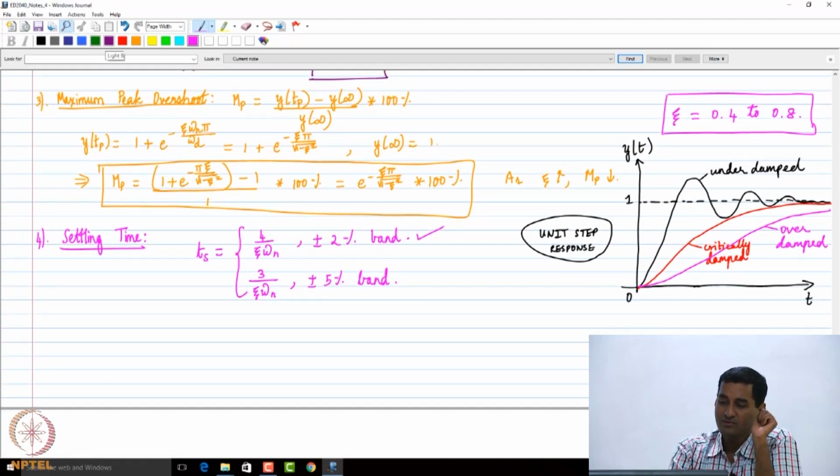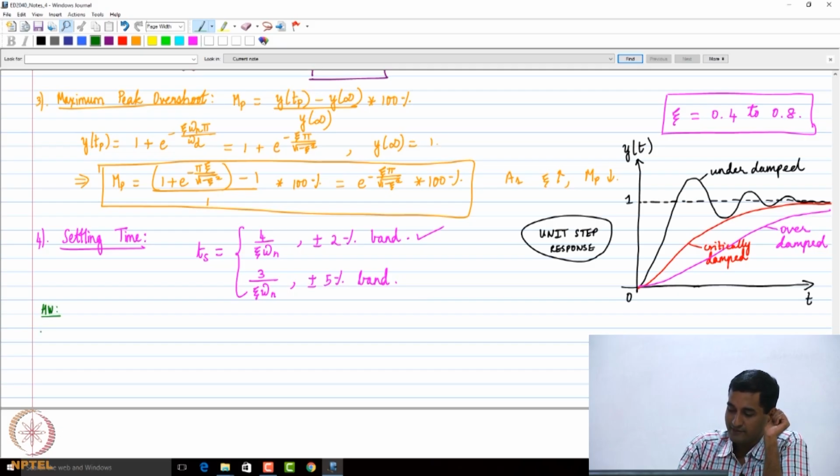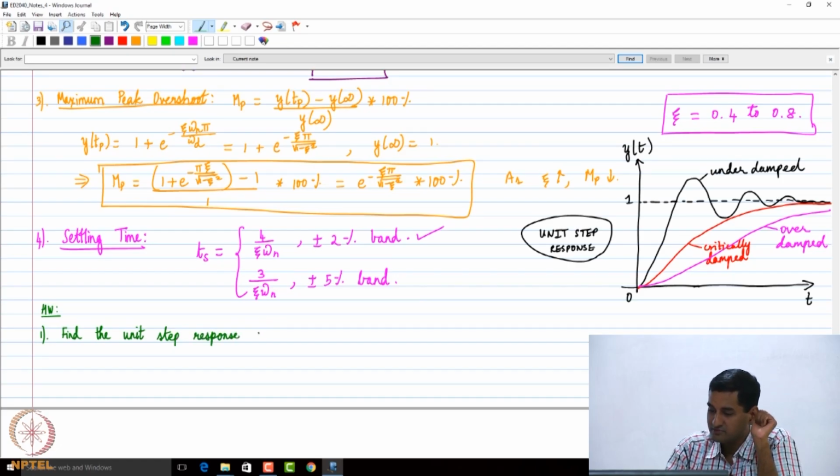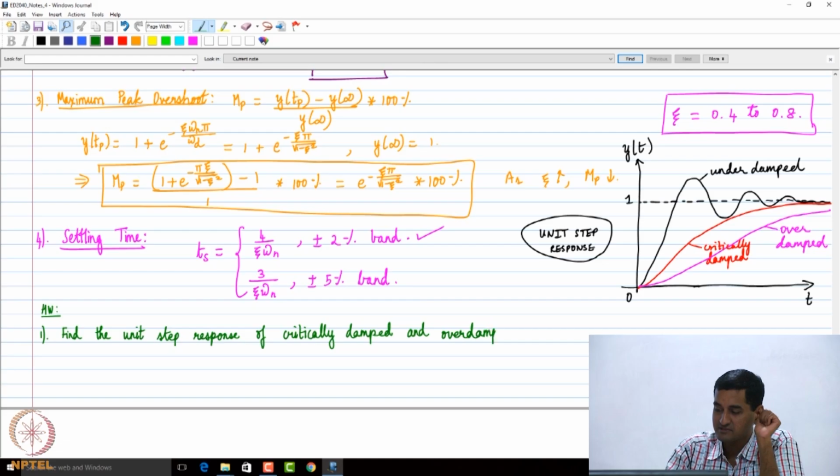So what I am going to leave you with are two homeworks. First, find the unit step response of critically damped and overdamped systems.